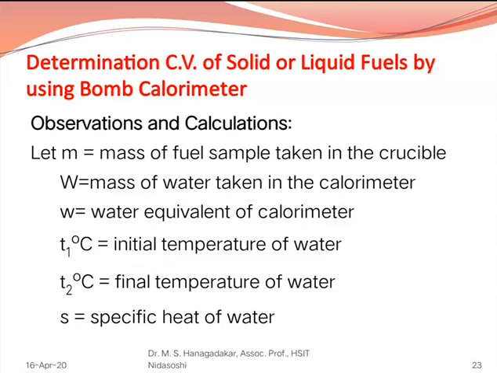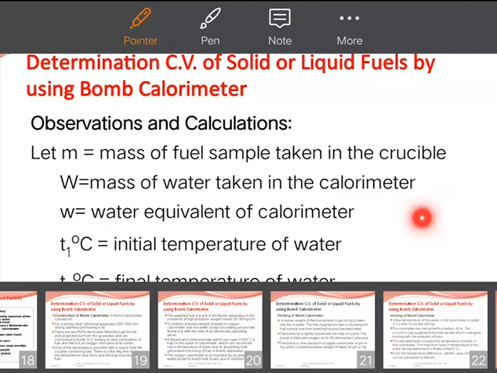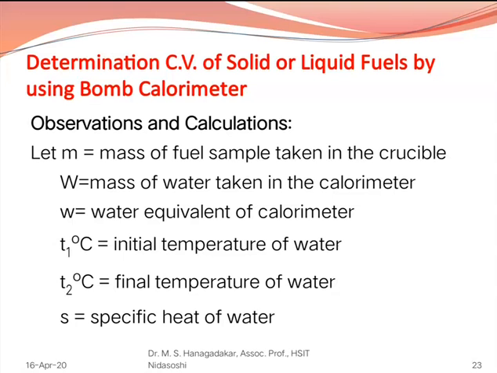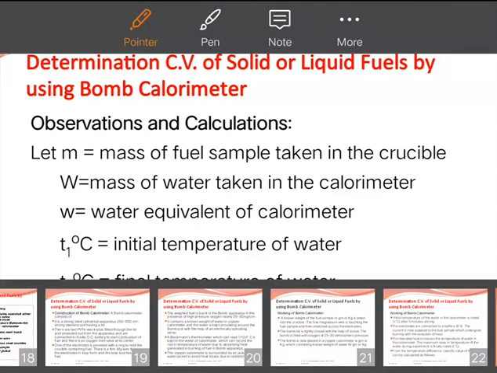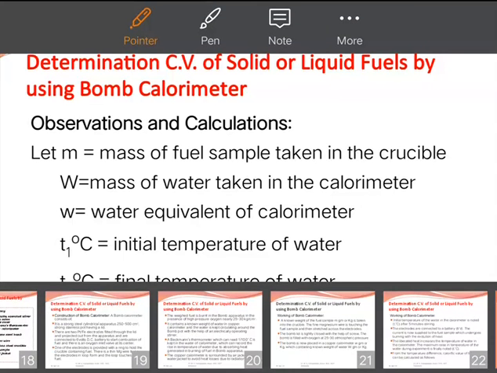T1 is the initial temperature of the water before the combustion starts, whereas T2 is the final temperature of the water, that is, the maximum temperature reached during the combustion of the fuel, and small s is the specific heat of water.